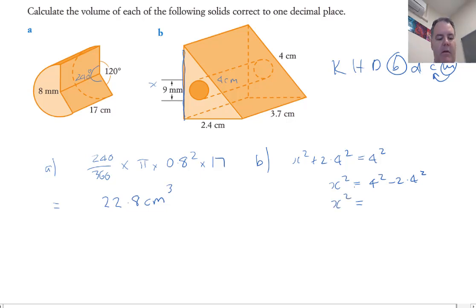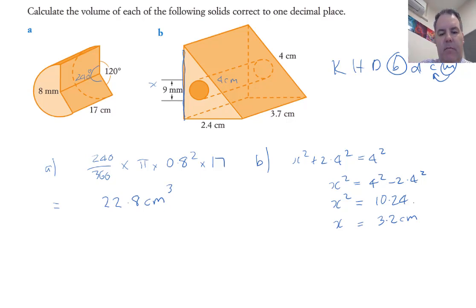So I'll do that on my calculator. 4 squared minus 2.4 squared, that gives me 10.24. And then x is the square root of that answer, which is 3.2 centimeters. So now I know what the length of that whole side is there.